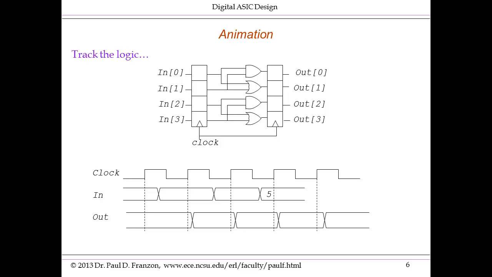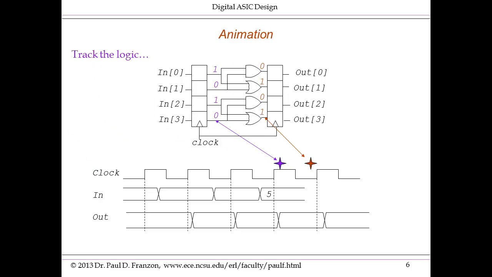So this is an animation of just one of the stages of logic evaluation. Here I'm starting before this rising edge here, the 4th rising edge, where 5 is being presented at the input in. After that first rising edge of the clock, 5 is transferred to the output. 0, 1, 0, 1 is now at the input of the combinational logic.